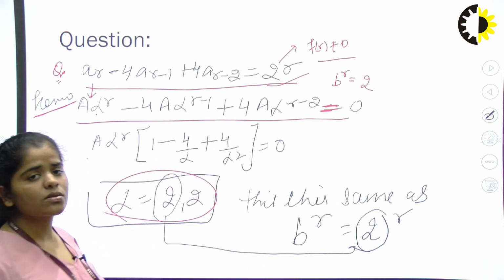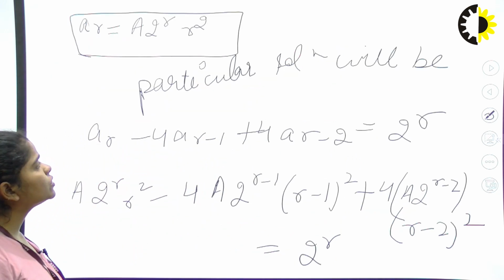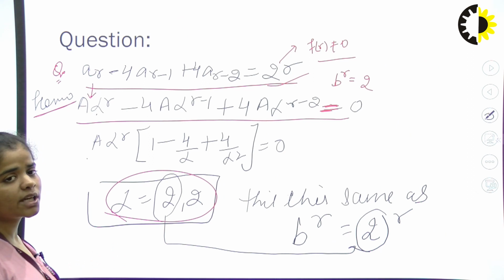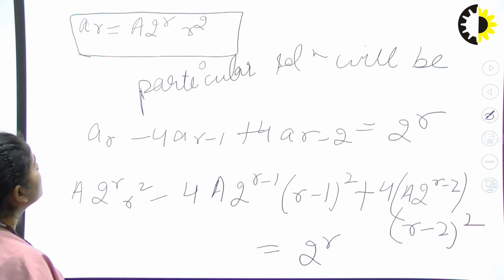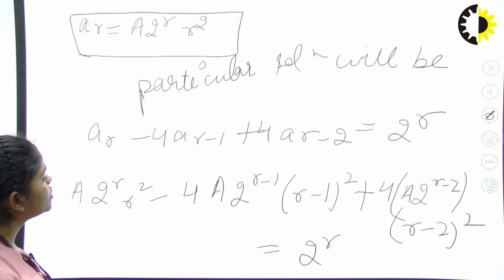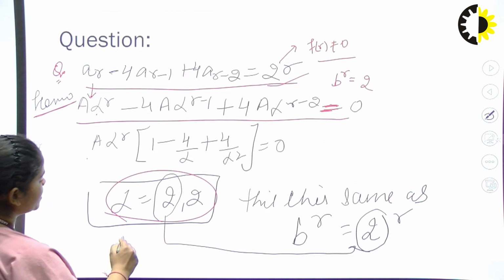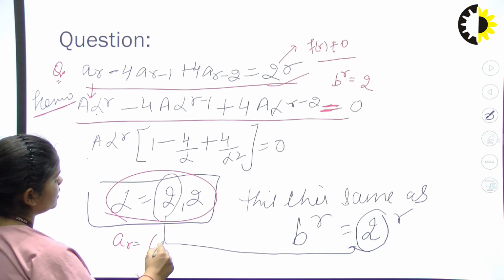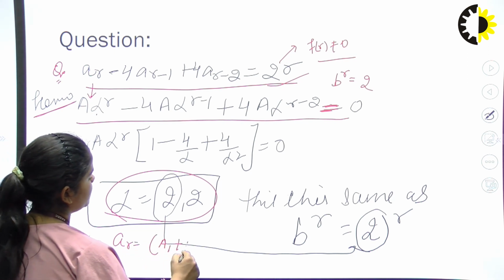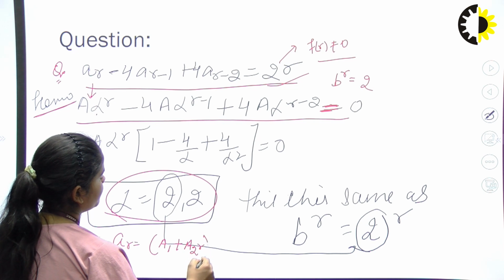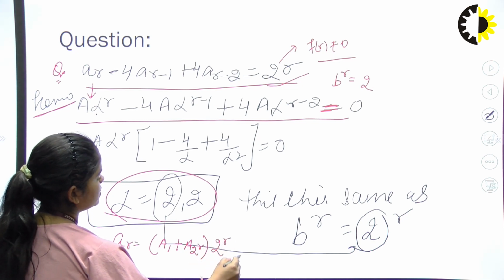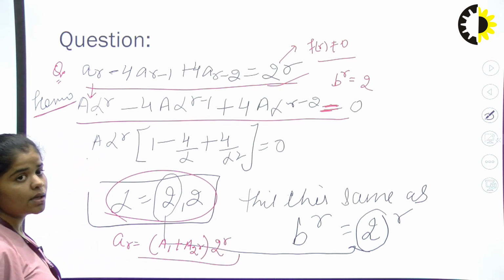So this is used in the further solution. According to the homogeneous solution, by the equal roots concept, we get the solution like (a1 + a2 r) 2 to the power r. This is the required homogeneous solution.